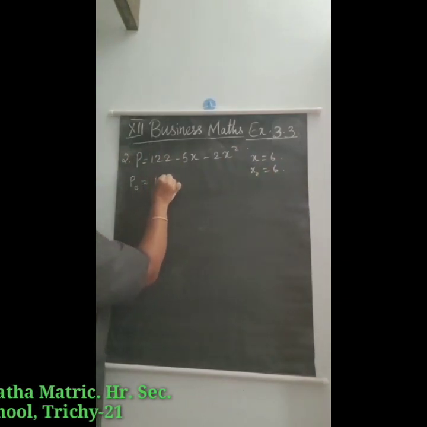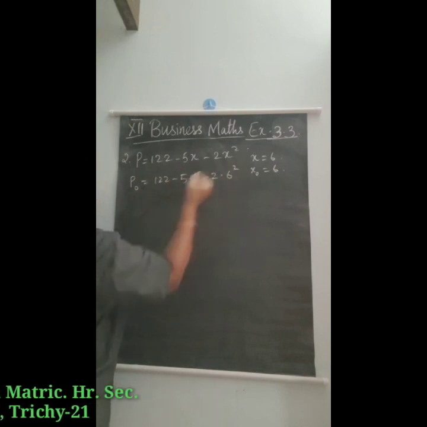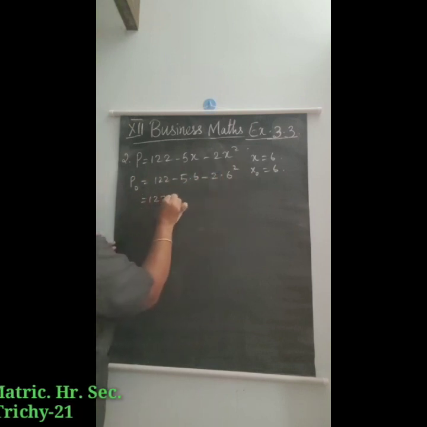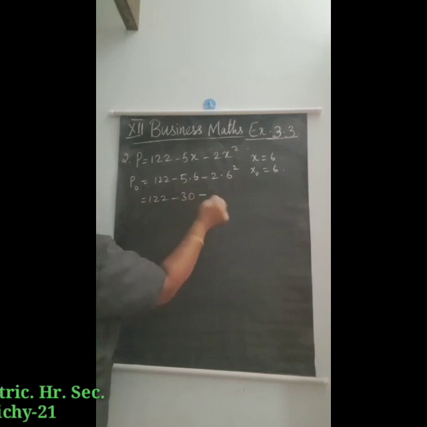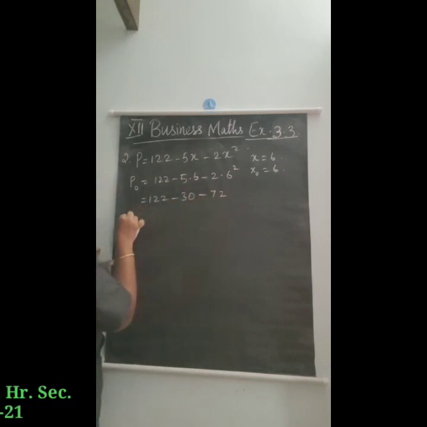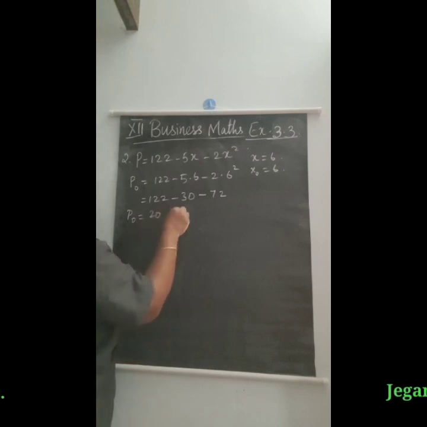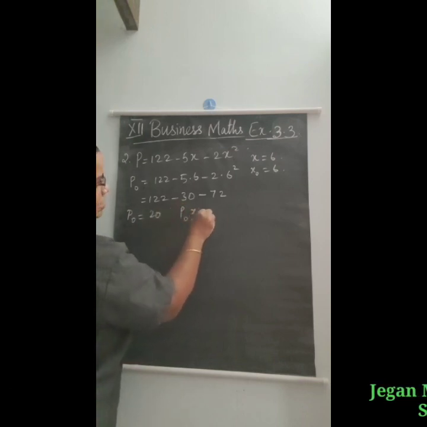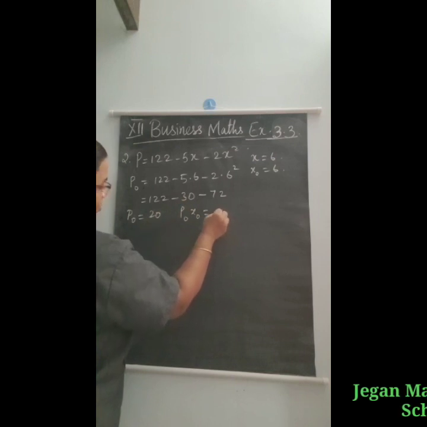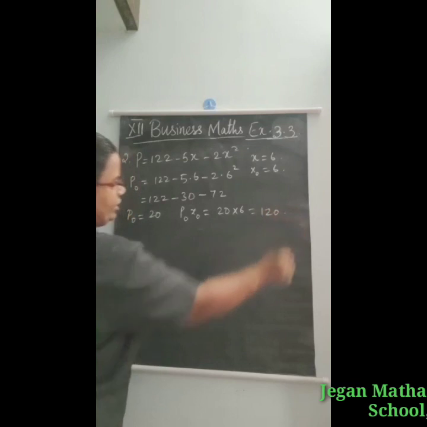We will get 122 minus 5 into 6 minus 2 into 6 squared. So that is equal to 122 minus 30 minus, 6 sixes are 36, 36 into 2 is 72. So P naught is equal to 122 minus 30 minus 72, we will get 20. So P naught x naught is equal to 20 into 6 is equal to 120.